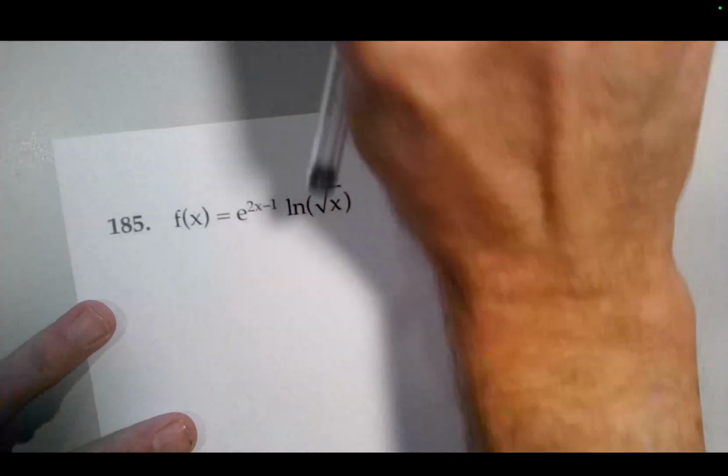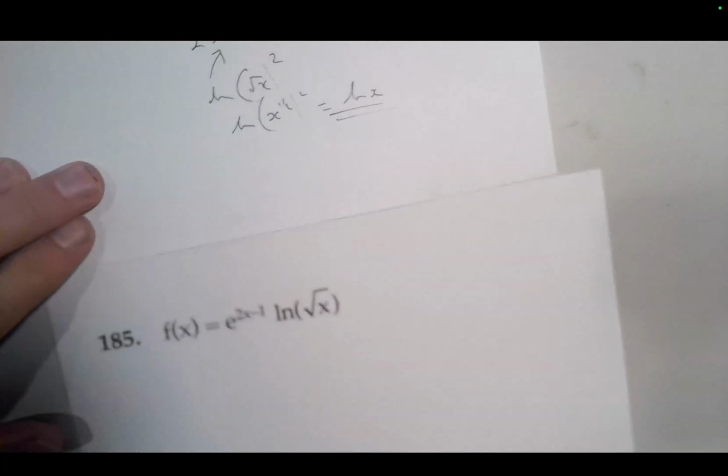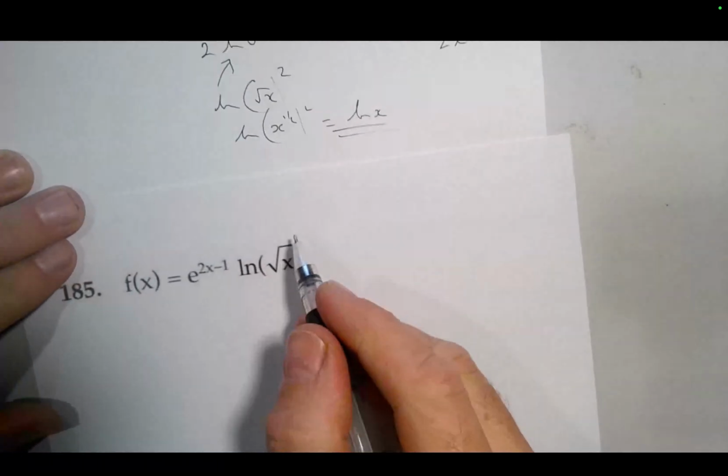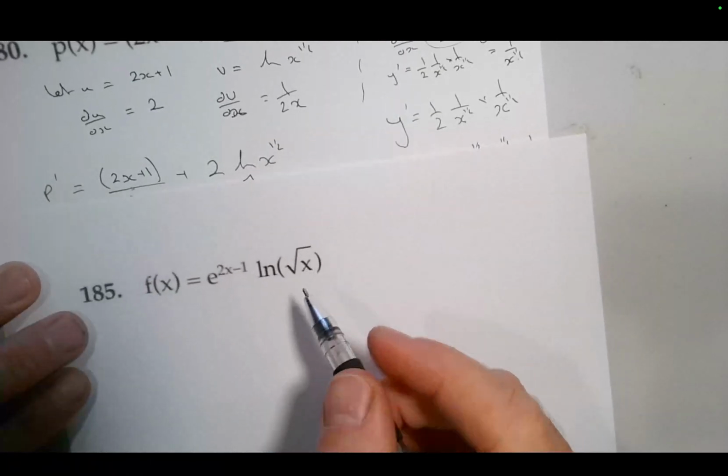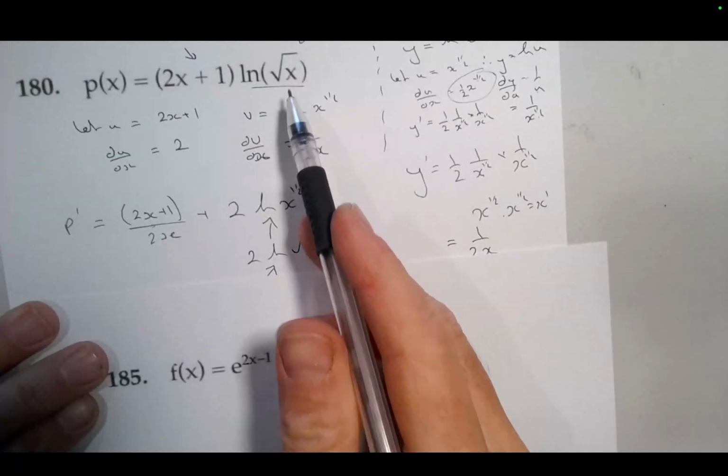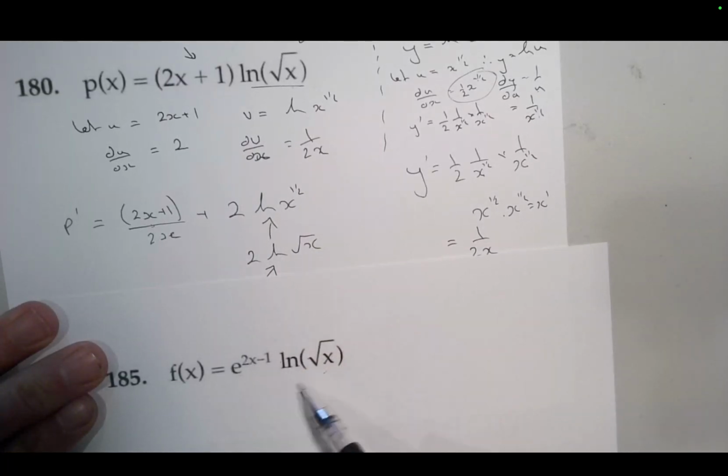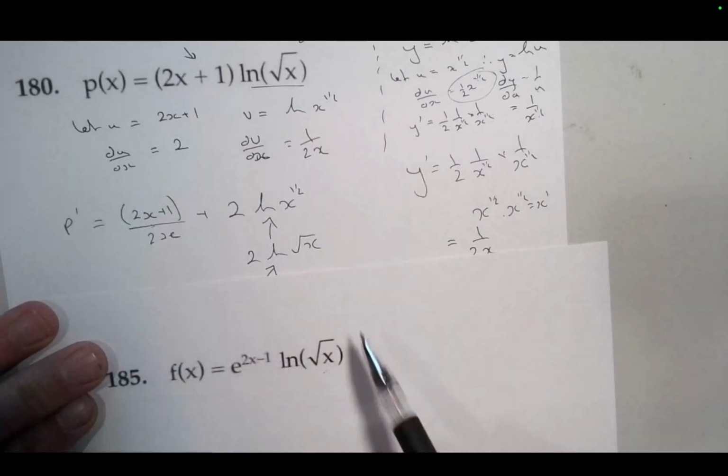Again, we've got this one here. Now, in fact, let's just cheat here slightly. I'm going to borrow from the one there, which is the same thing here. So all the hard work we did for 180, we're going to use in here.